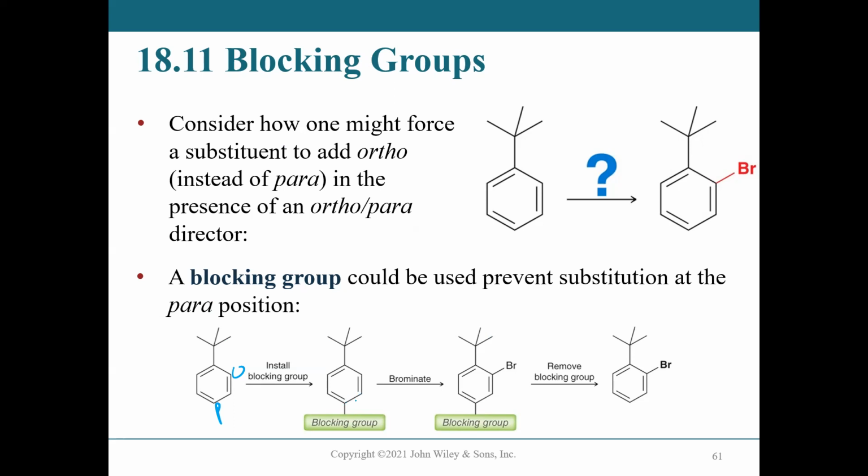If it's blocked there, how is the bromine going to add there if there's already a group there? So the bromination is going to preferentially occur at the ortho position, because we have a blocking group, and they spell that out for us. And then we can get rid of the blocking group, and then we have our bromine in the ortho position.